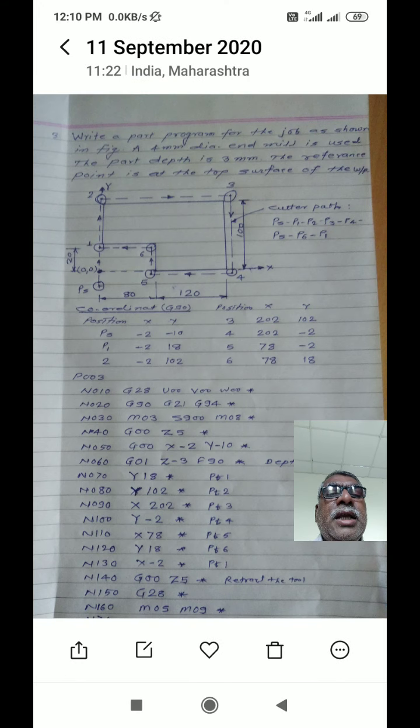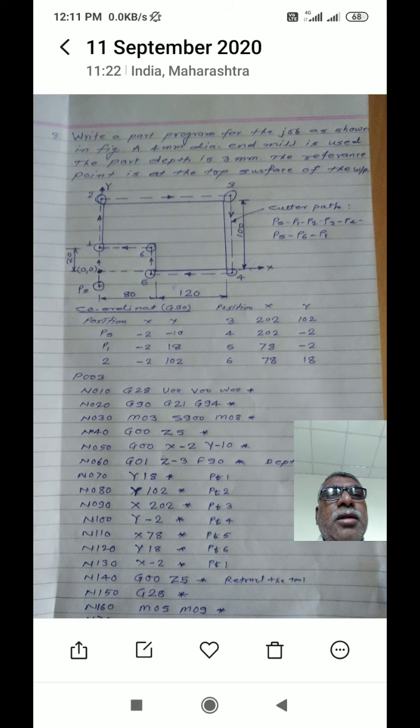Initially our tool is at 5 mm above the workpiece surface. You have to move the tool to its initial position during the block number N140. G00 means rapid traverse, Z is the vertical axis and the coordinate is 5 mm. Means now the tool is 5 mm above the workpiece surface.